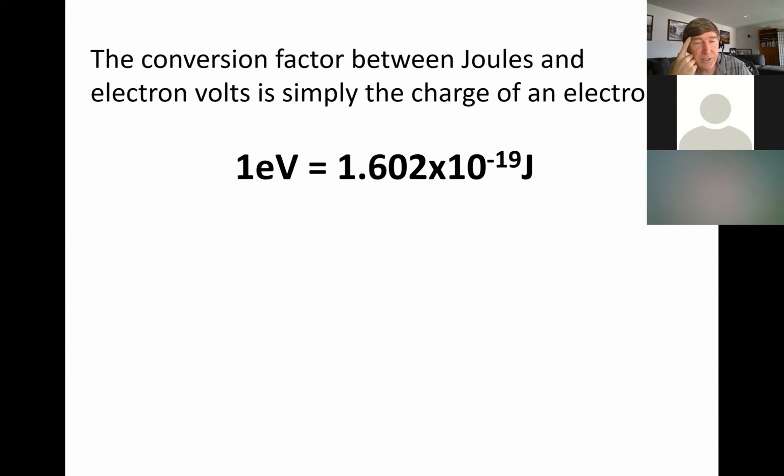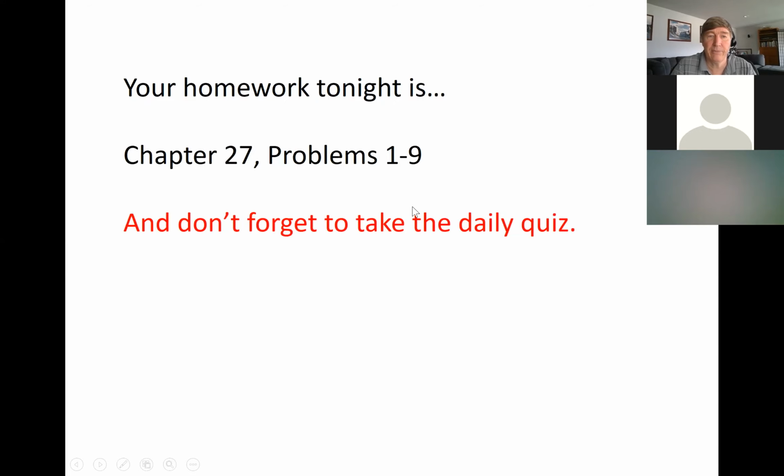And hopefully you're going to say, hey, wait a minute, I recognize that number. That's the charge of an electron. So in some of your problems, they'll ask how many joules is equal to how many electron volts. Just use this number as your unit conversion. It should come out straight.